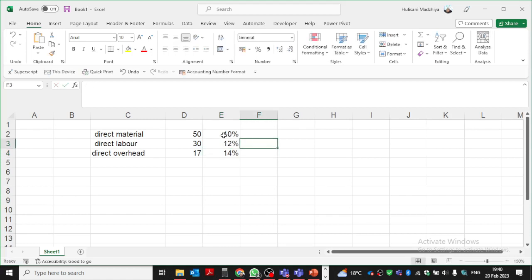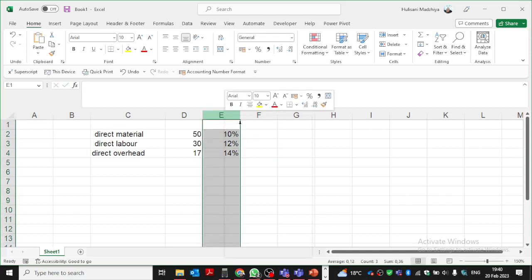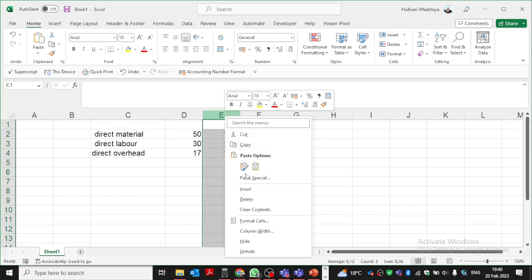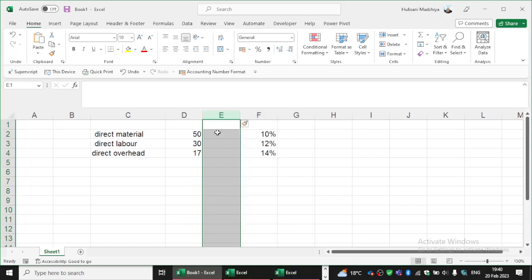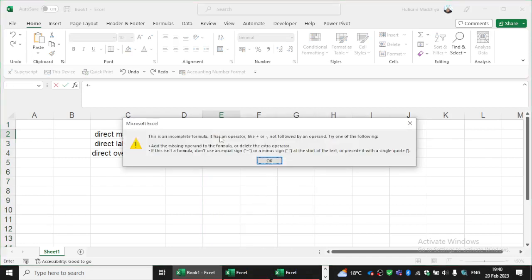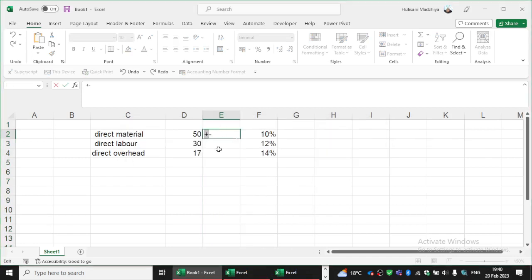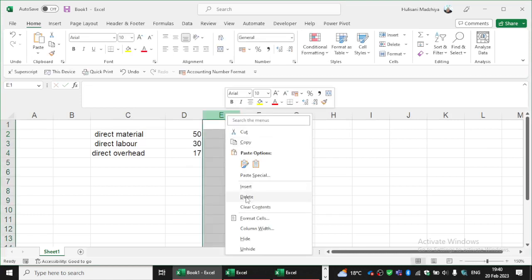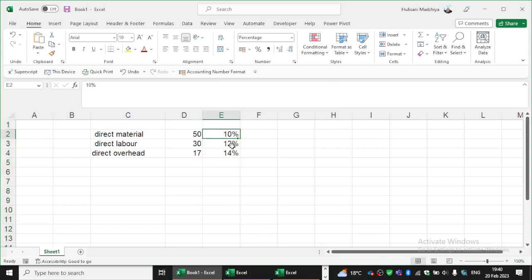Excel will not allow me to put the plus and minus, so we'll just keep in mind that this is plus or minus 10,000, plus or minus 12,000, plus or minus 14,000. So we are asked to calculate the maximum.